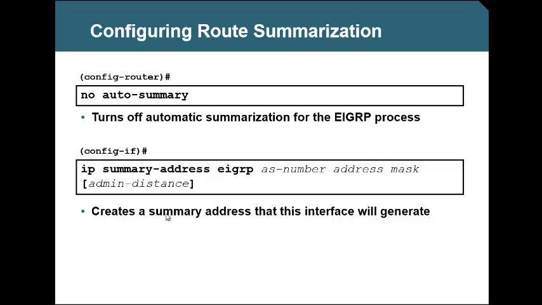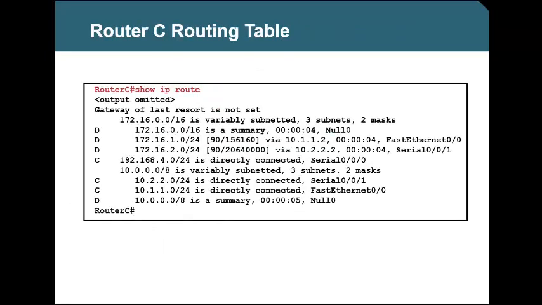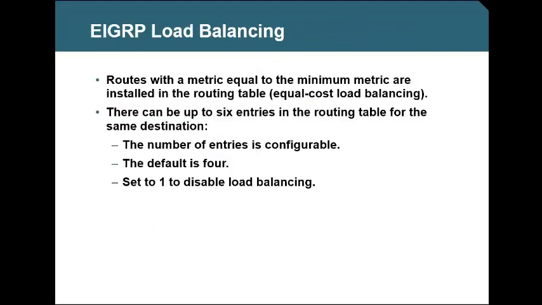So we have done a similar example. Now our next topic will be load balancing. I think we should do this on another day, but I just want to give you an introduction. EIGRP supports equal cost load balancing as well as unequal cost load balancing.